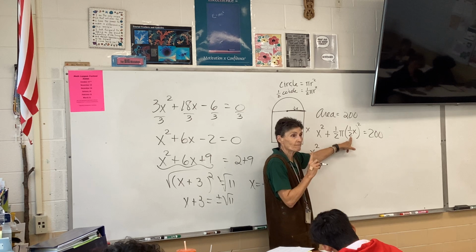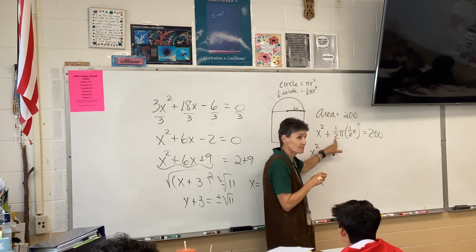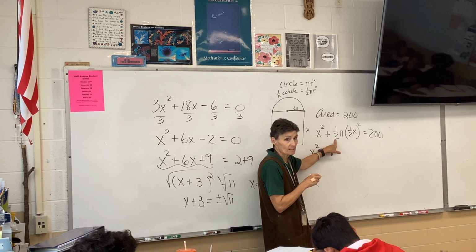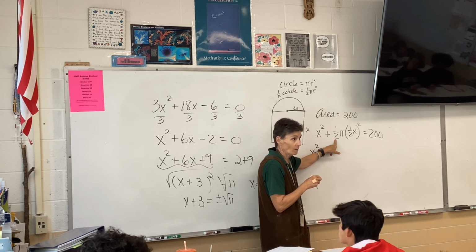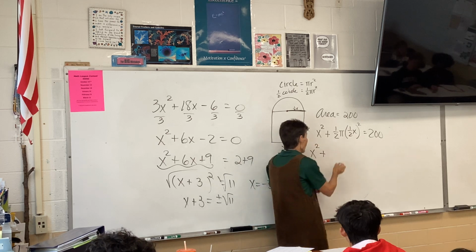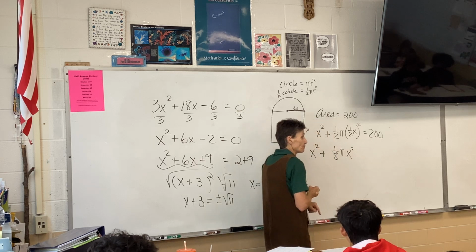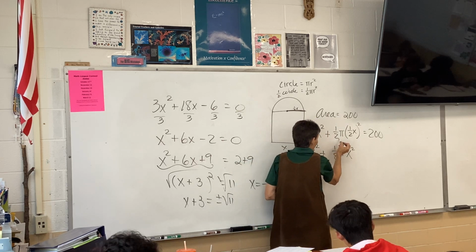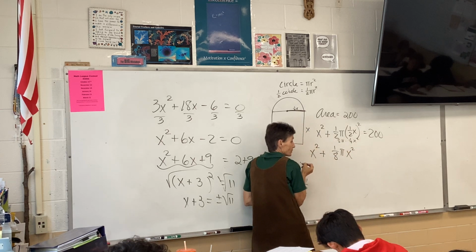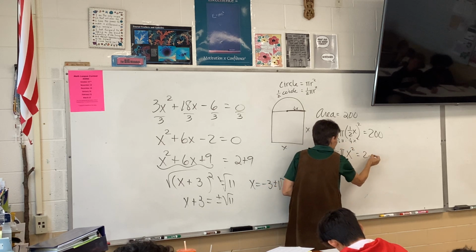This is going to be 1/4 x squared, but it's times 1/2, so it's 1/8. 1/4 times 1/2. So 1/8 pi x squared. So again, this is 1/2 pi times 1/4 x squared. So there's an 8, a pi, and an x squared.